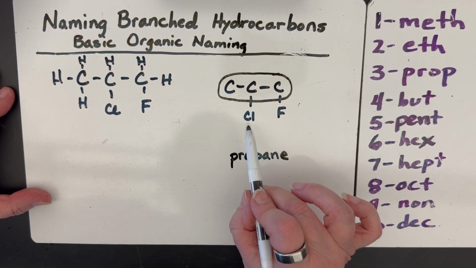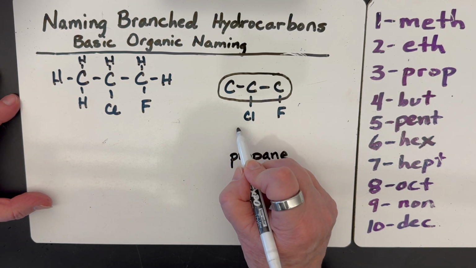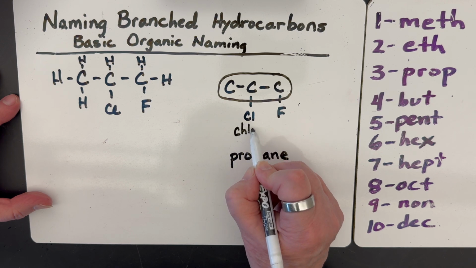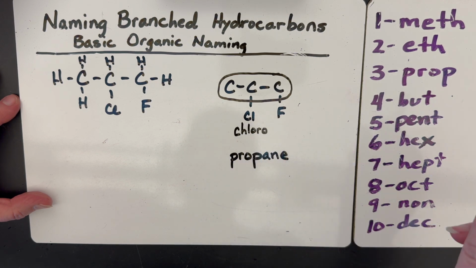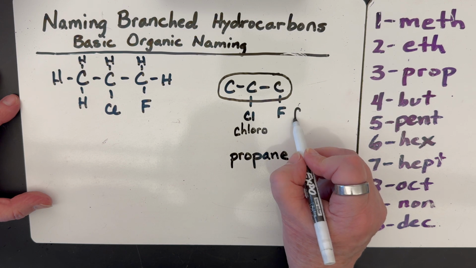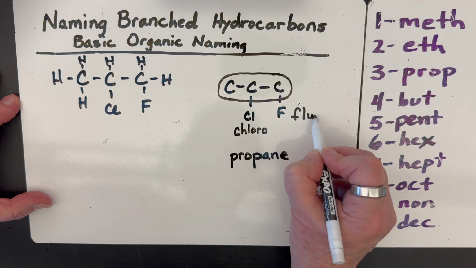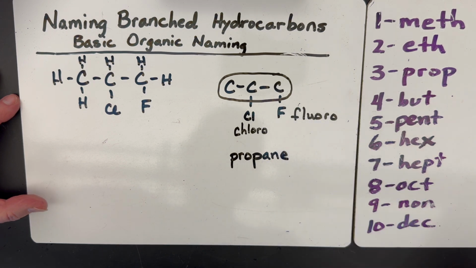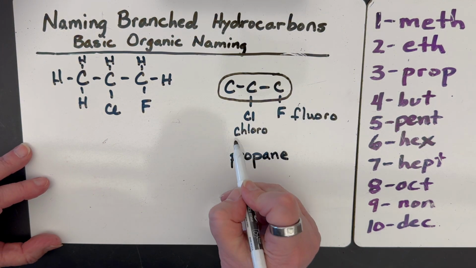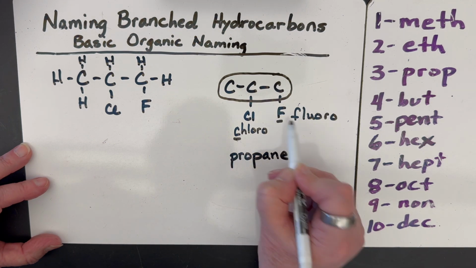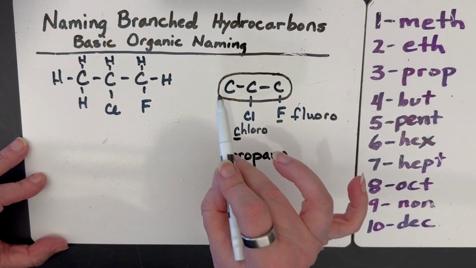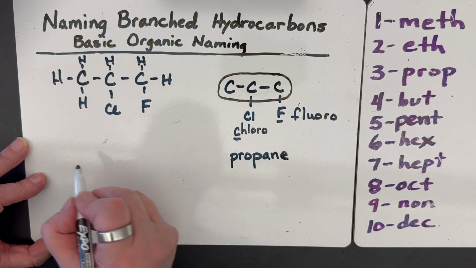But we have 2 side groups. Chlorine as a side group is chloro, and fluorine as a side group is fluoro. So you take off the INE and just put an O. Now alphabetically, chloro is going to come before fluoro. It's in the middle, so it's on carbon 2.